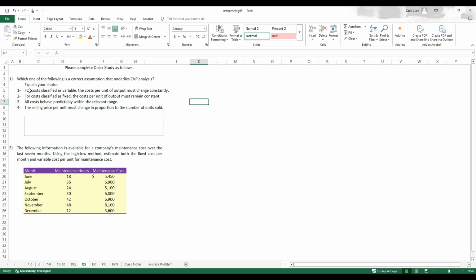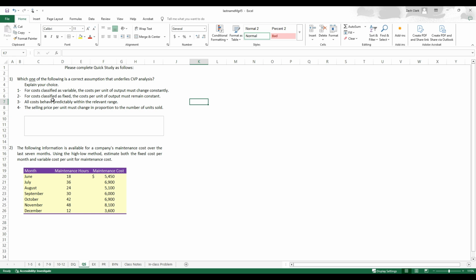No, that's opposite, right? Because if the costs are variable, the cost per unit doesn't change, it stays the same.